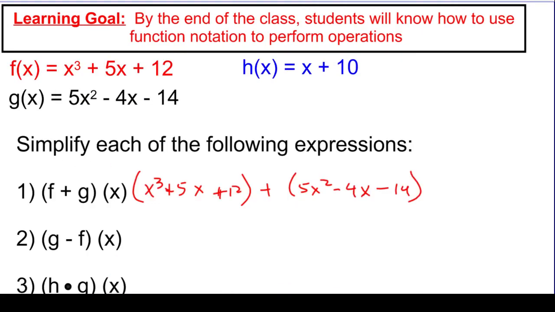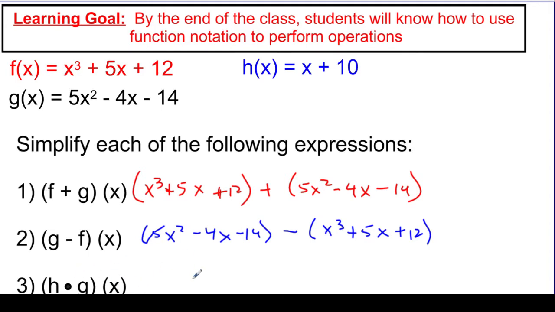Now g minus f. Well, g is going to be 5x squared minus 4x minus 14, and I'm going to subtract f, which is x cubed plus 5x plus 12. Again, we already did it. That was the second problem on the last slide.